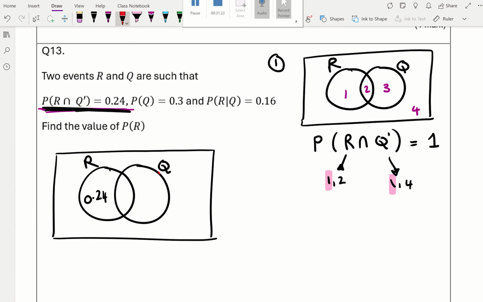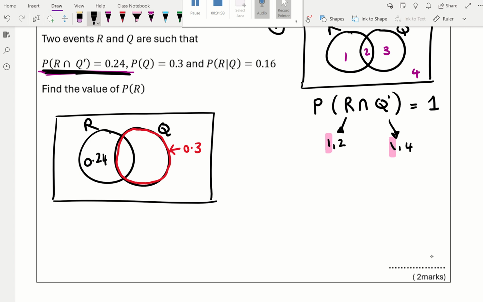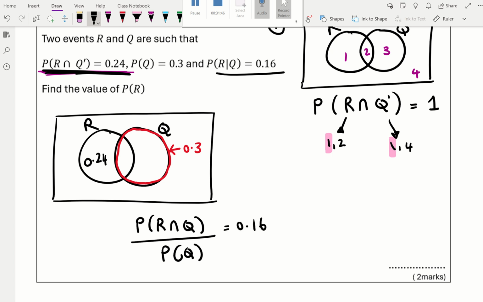It's telling me that all of Q is 0.3. And it's telling me that the probability of R given Q, that's the intersection between R and Q divided by Q, is 0.16.